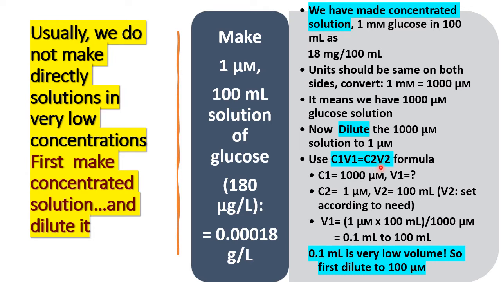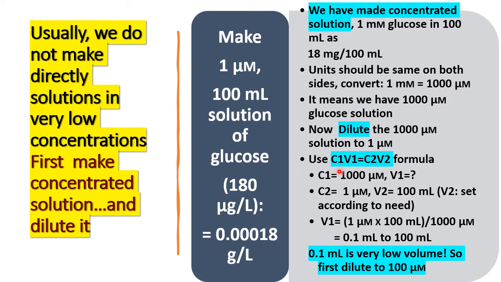In order to use this formula, the units should be the same on both sides. For example, we have this 1 millimolar solution, and if you want to make 1 micromolar solution, we have to convert millimolar to micromolar. So in fact, we have 1000 micromolar. It is the same thing as 1 millimolar. So we convert these to micromolars.